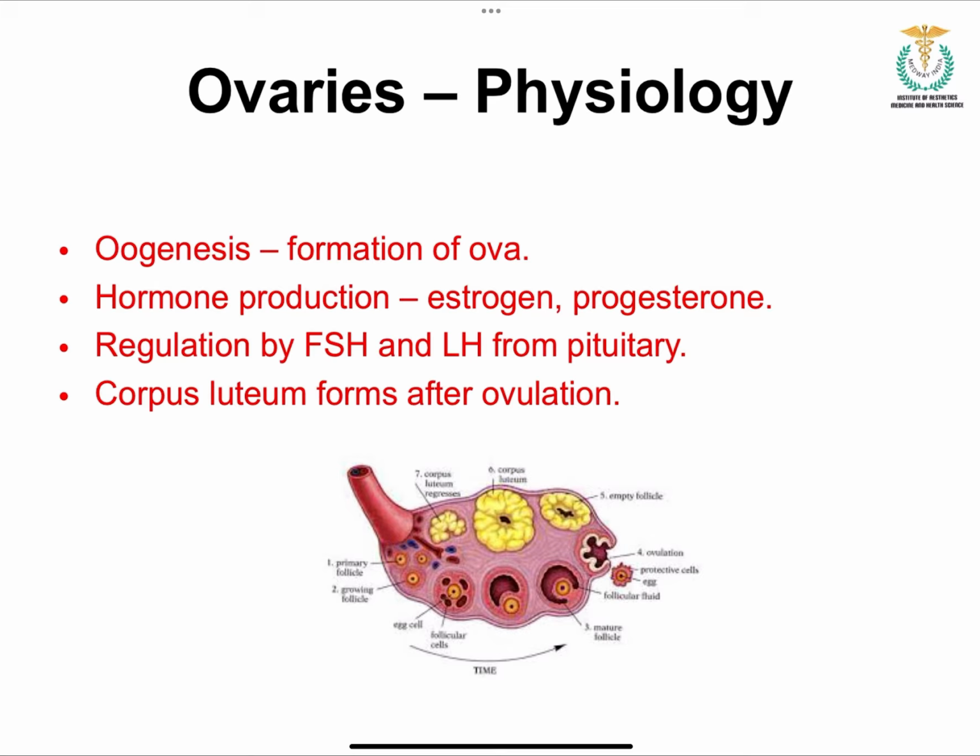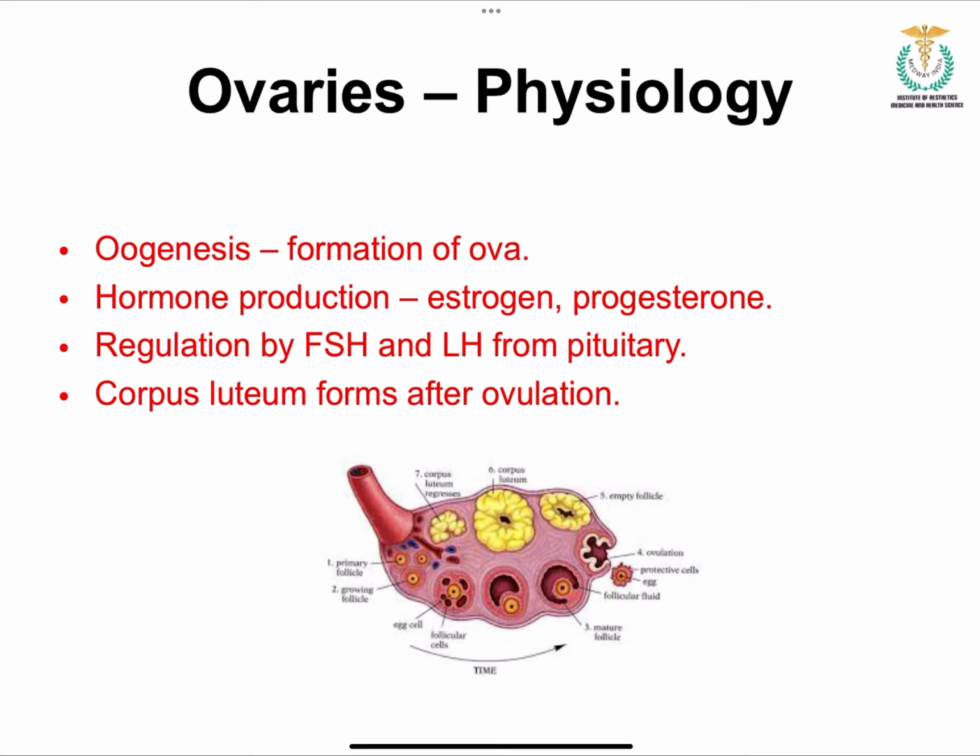As I have mentioned, there are two phases: the proliferative phase, driven by estrogen, and the secretory phase, driven by progesterone. Estrogen and progesterone production happens in the ovaries, regulated by FSH and LH from the pituitary gland, and the corpus luteum forms after ovulation. So this is the physiology of the ovaries.